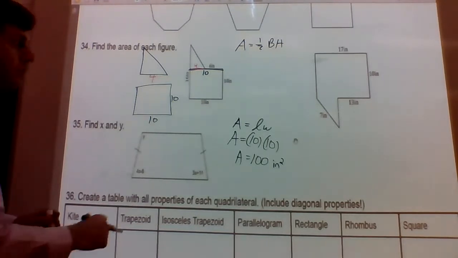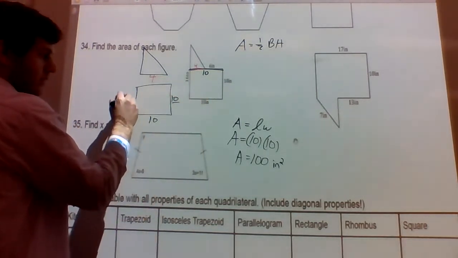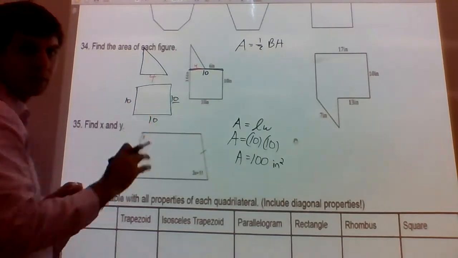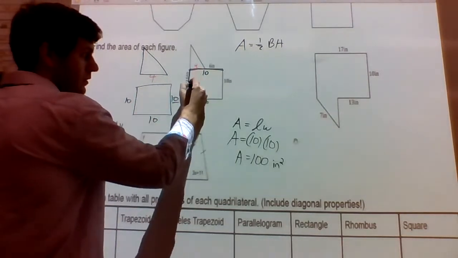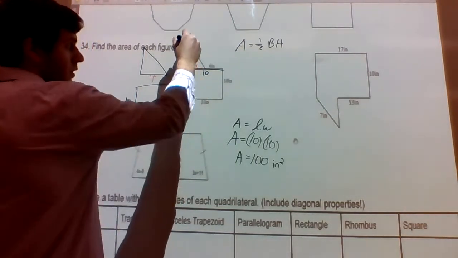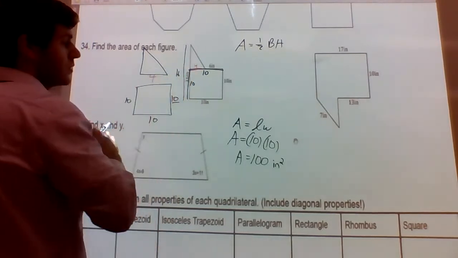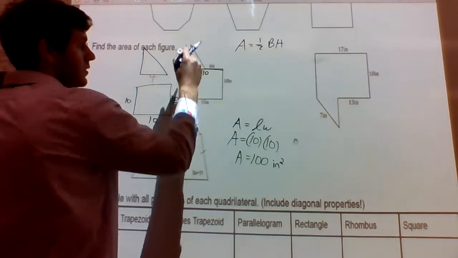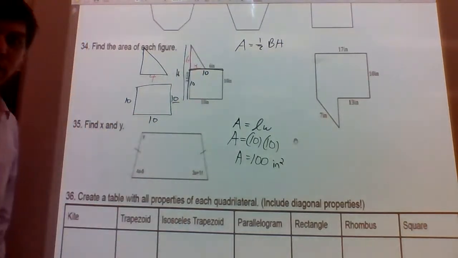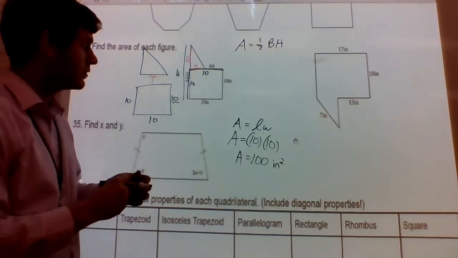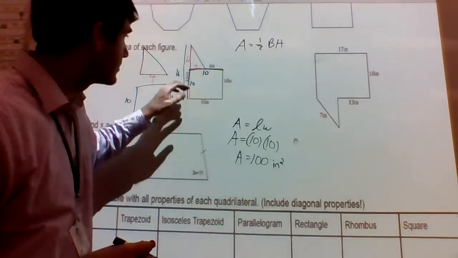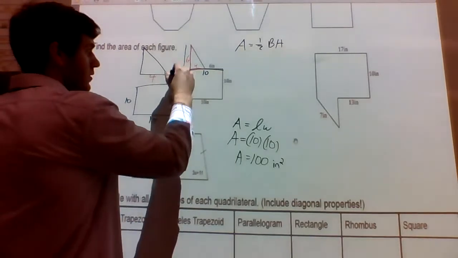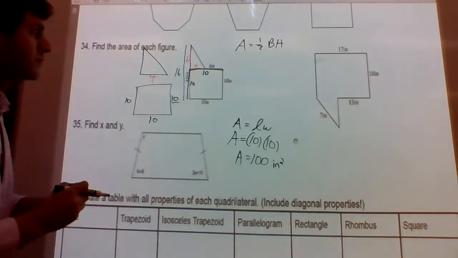If this side's 10, this side is also going to be 10 because it's a rectangle, and opposite sides of rectangles are congruent. Because rectangles are parallelograms, opposite sides of parallelograms are congruent. So this piece right here is 10. This whole thing is 16, so that means this piece here is going to have to be 6. 16 minus 10 is going to give us 6.